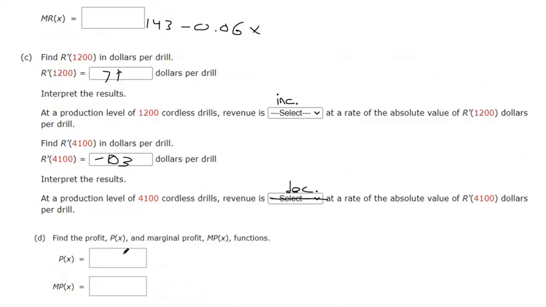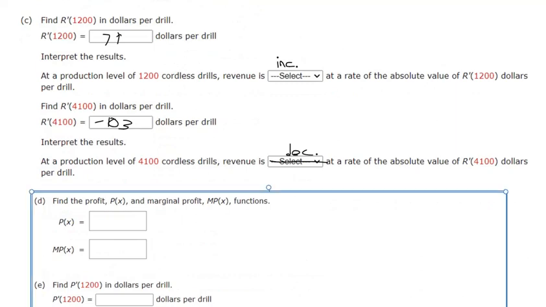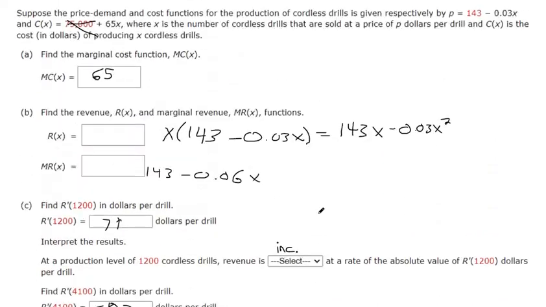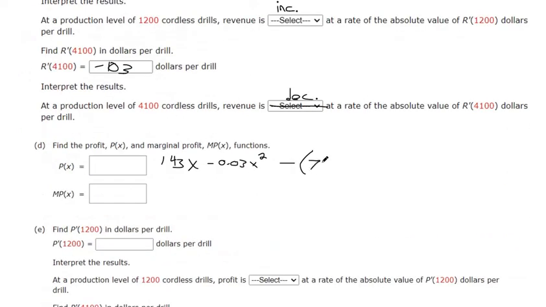Okay, find profit. Profit is just revenue subtracted by expenses, so this is our revenue, 143x minus 0.03x squared. That's our revenue, and then we need to subtract that by our expenses, which they say is 75,000 plus 65x.